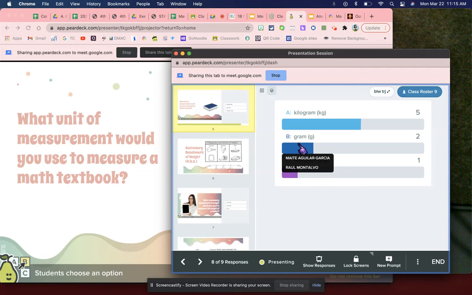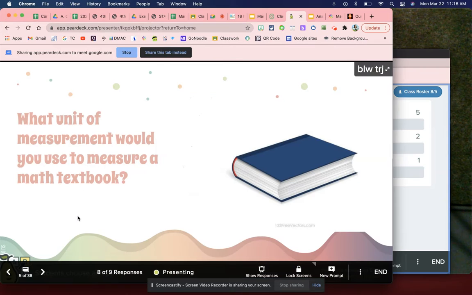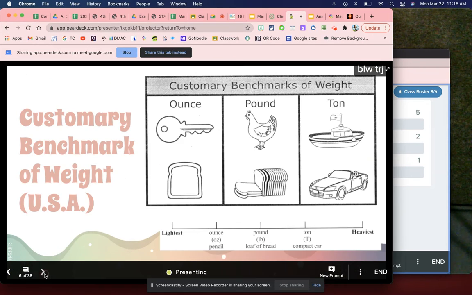The gram, Maite, es un paper clip, un sujetapapeles, this little thing right here. I don't know if you can see it on the camera. This is a paper clip, un gramo. A gram to measure a book, it would take thousands. The best way to measure the book would be using the kilograms. Yeah, the kilos. ¿Cuántos kilos pesa el libro? Kilograms. Be careful on that one.